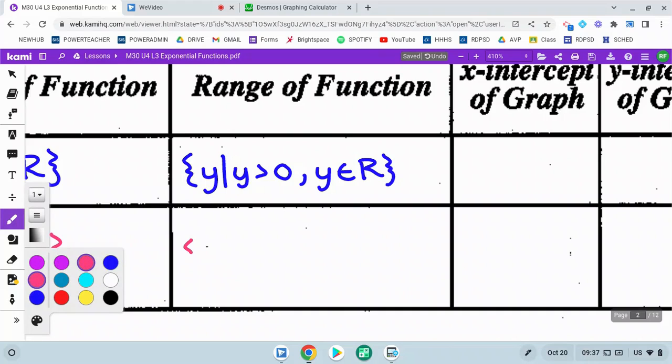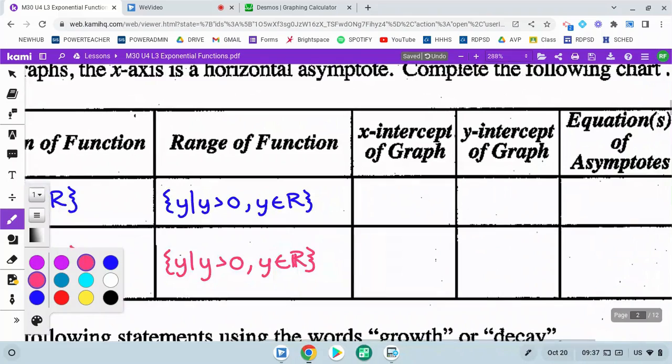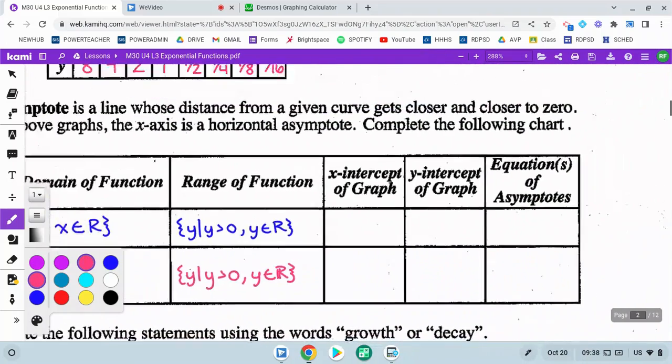Now, I'm not actually going to scroll back up to it, but you guys can see it on your picture. The other graph is the exact same. It still has to be a little bit above that x-axis, and then it can go up from there. So the range is going to be identical. Okay, so we have the domain and range done.